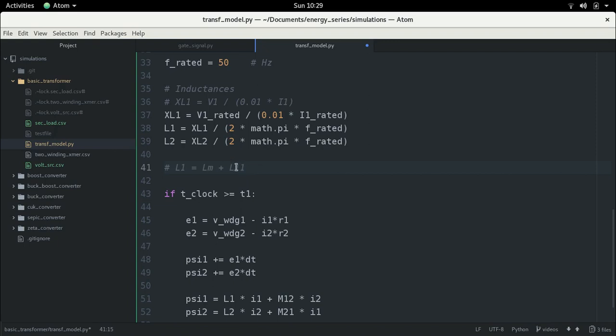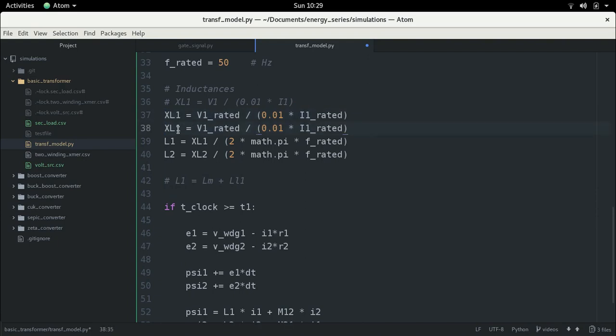The 1% means that if a current equal to the rated current were to flow through, actually I forgot something, I have to define XL2. XL2 was not defined, right, now it's okay.